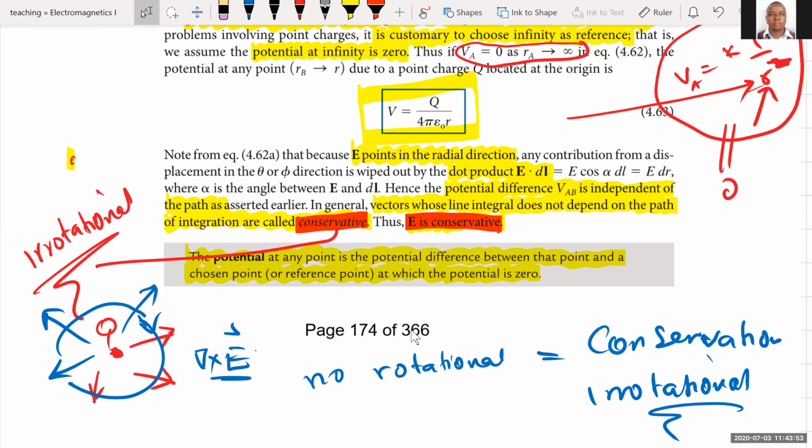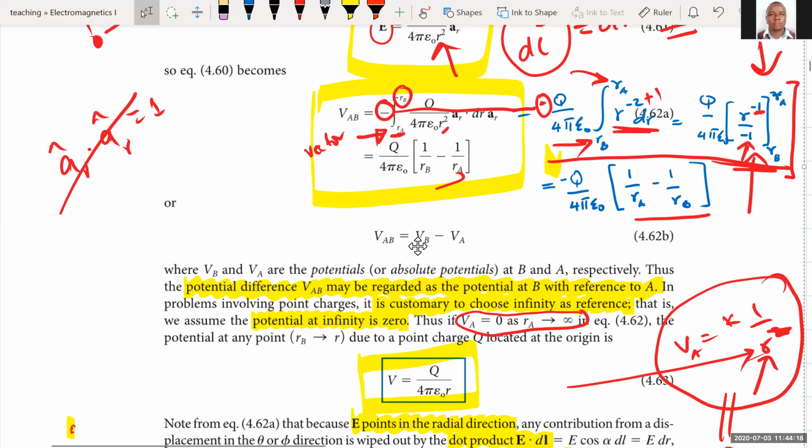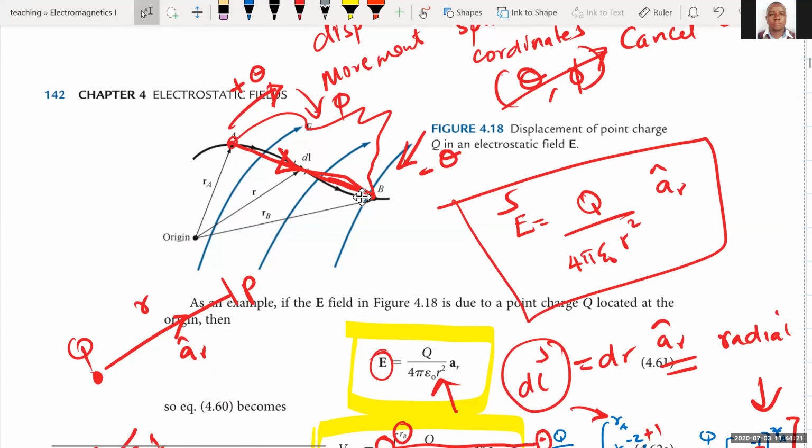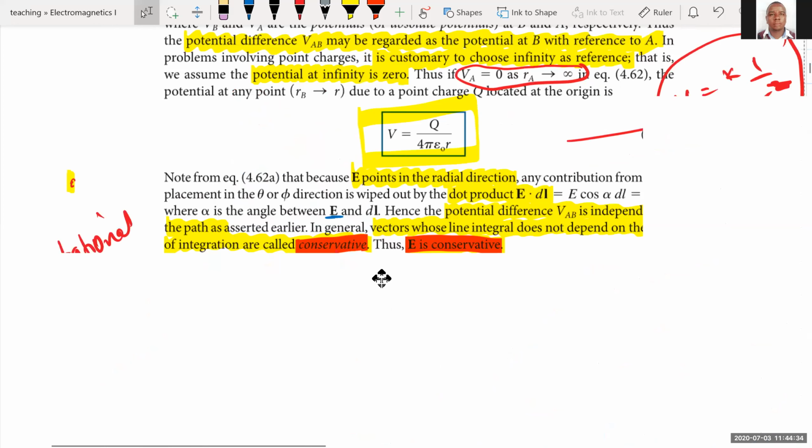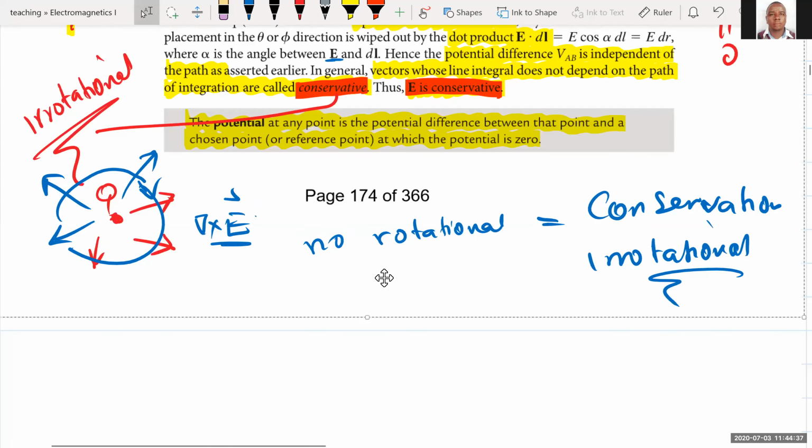So I was just saying that from the observation that we have seen, the vector E has the effect that the displacement towards theta or phi is cancelled out, and the only effect that is left is the radial effect, or the radial vector that moves away from the source of the field E, and therefore the theta and the phi components cancel out.